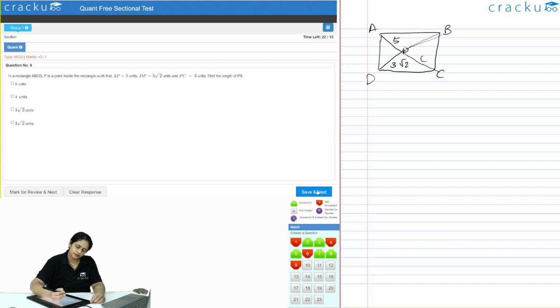Interesting. Easy way of doing this. This will be C is 3 units. So we have 2.